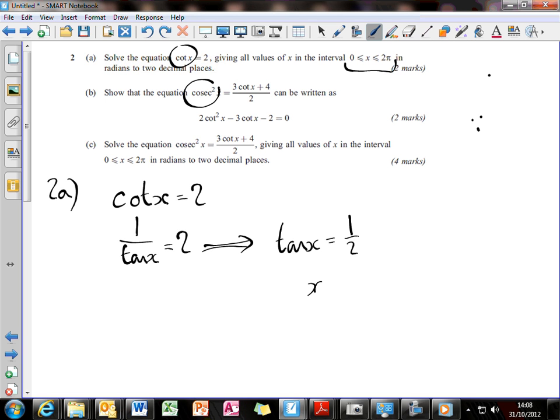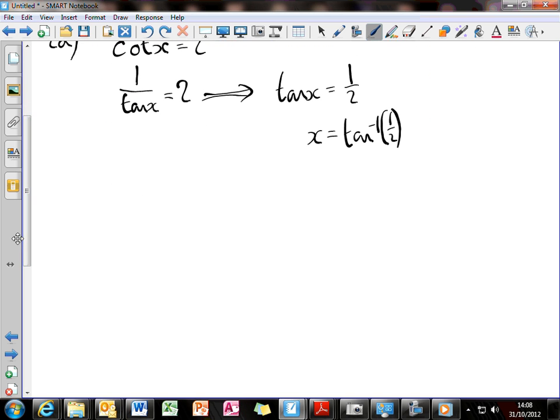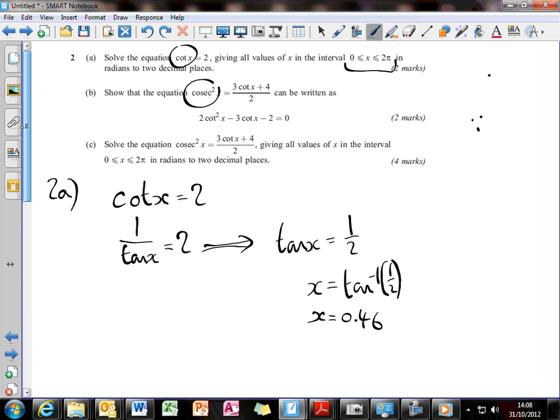And so x equals the inverse tan function on a half. And if you work that in your calculator, you're going to get 0.46. But remember, we're looking for all of the answers in the range between 0 and 2 pi.